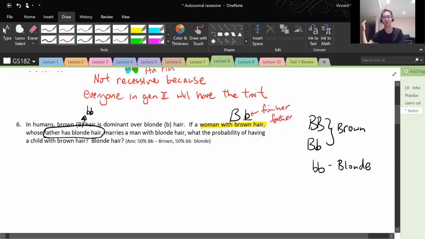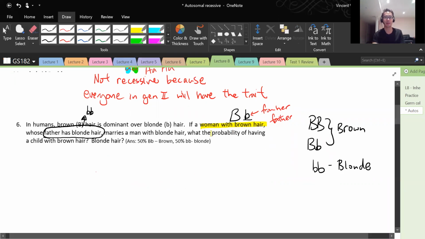I don't even know about her mother, but for sure this small b came from the father because that's the only thing the father can pass on. If you think about it, the father has the small b chromosome, so 100% of all his sperm will be carrying the small b gene. Guaranteed to be passed on.